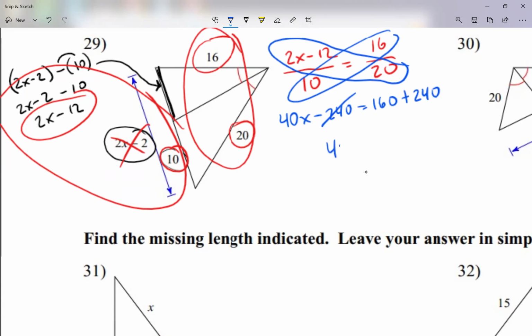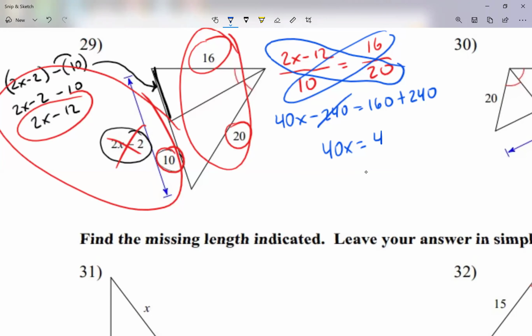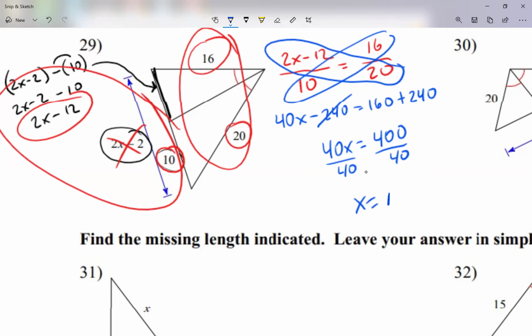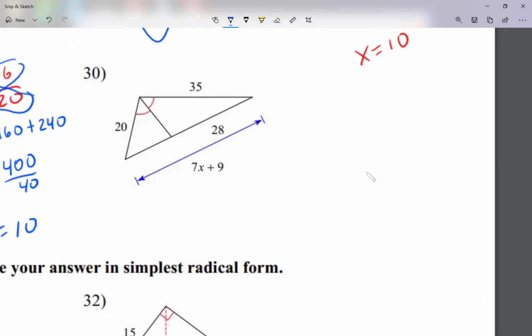So I get that 40x is equal to 400. Let me divide both sides by 40. X is equal to 10. I know they're all 10, just coincidence. Let's take a look. Question number 30.